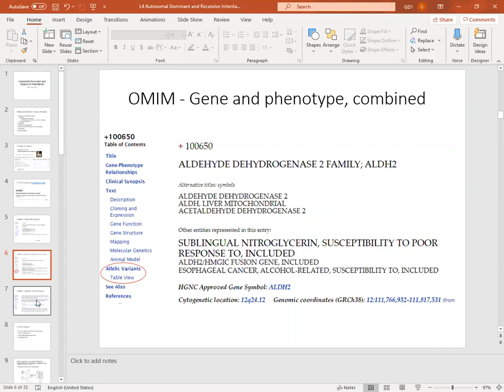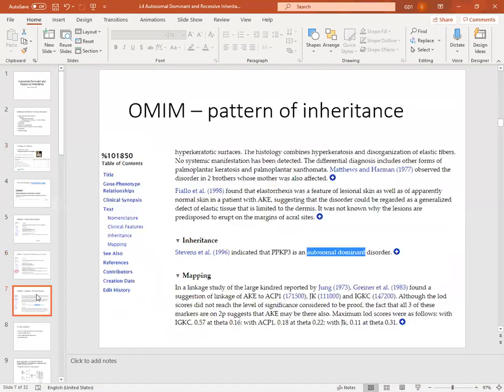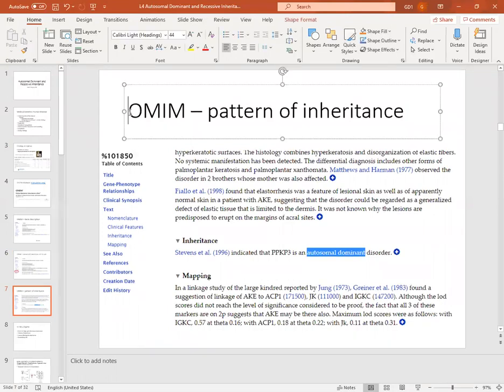So, also including another feature of the entry. And I think the most valuable data in the immune system is the pattern of inheritance, so we'll focus on this one today.